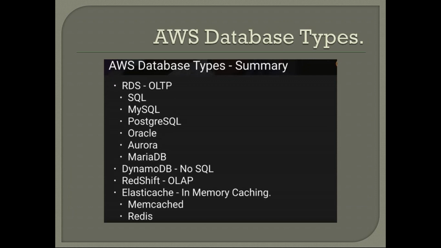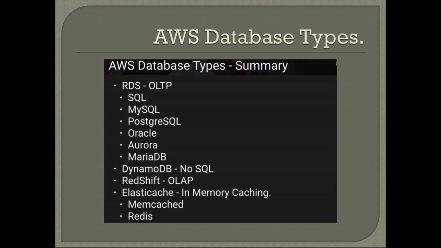As we are talking about Amazon Web Services, we are going to see what database types are provided by Amazon as of now. We are going to see only relational databases in Amazon.